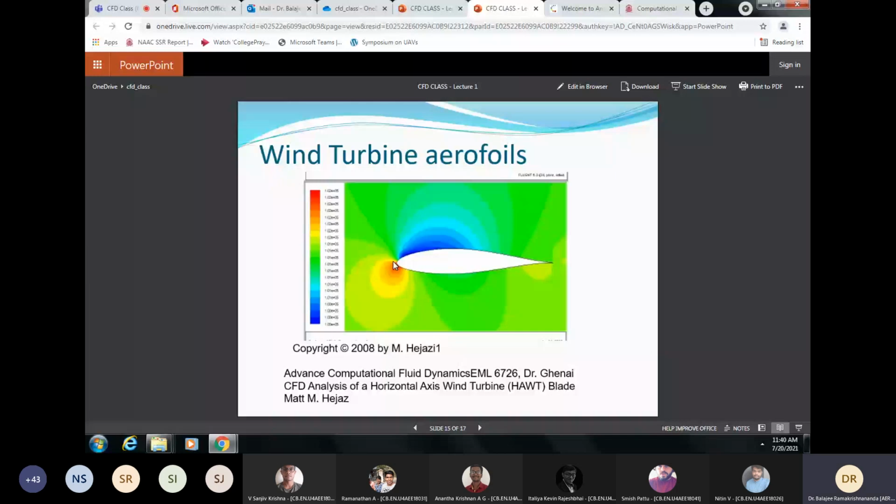So we have higher pressure on the bottom, very low pressure on the top, producing lift. Physically reasonable. You get an idea of the pressure distribution in the nearby domain as well. In addition to the airfoil, which is of most interest to us, you also get an idea of how these affect the flow in and around the airfoil.